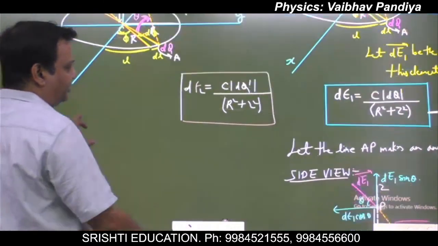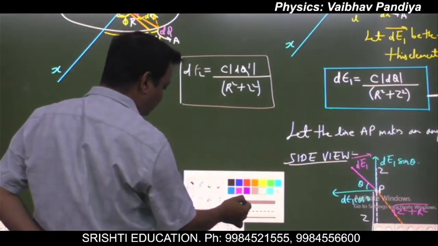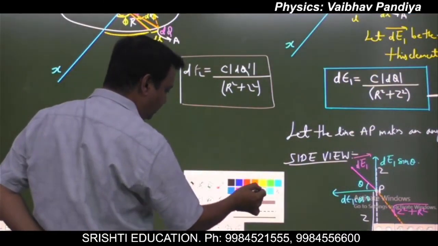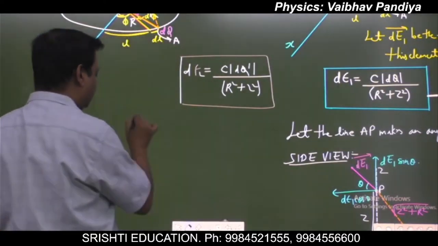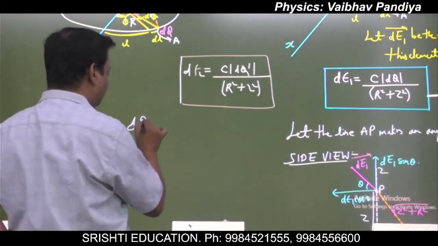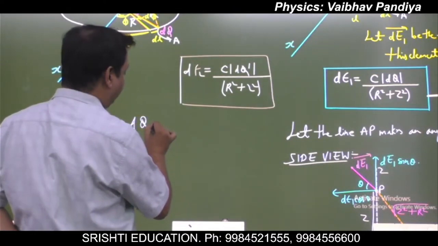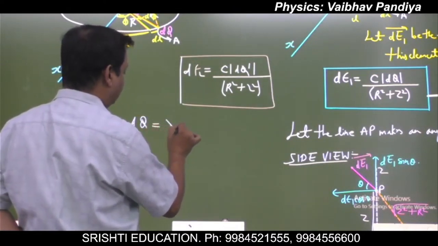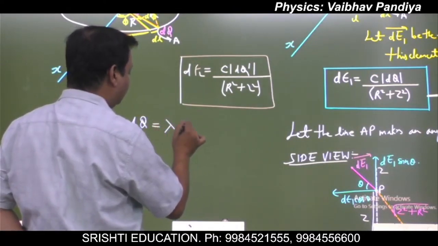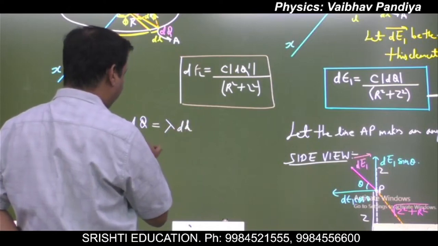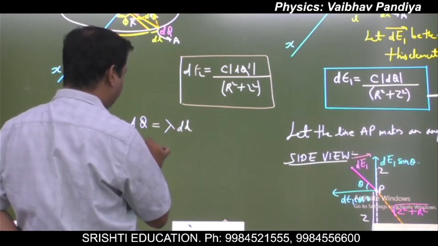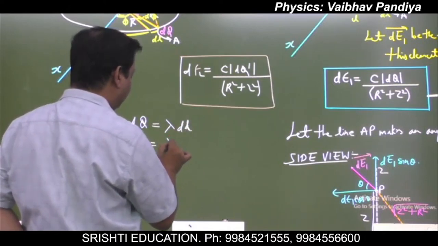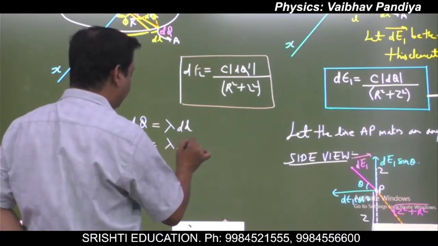Now, since both charges can be written, both lengths are equal and at both locations lambda is the same, so dq will be lambda dl and dq dash will again be lambda dl.